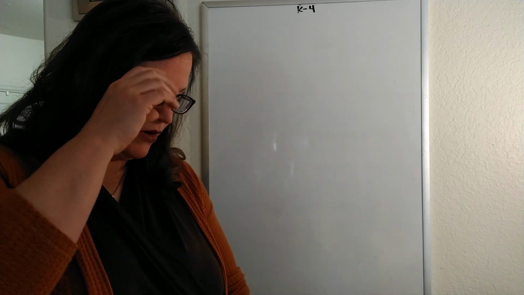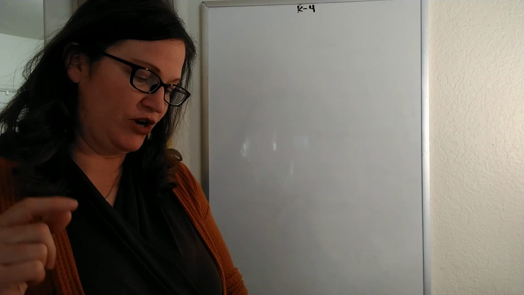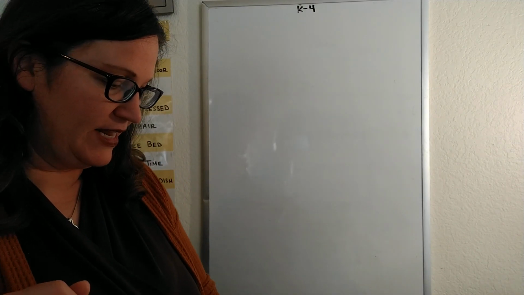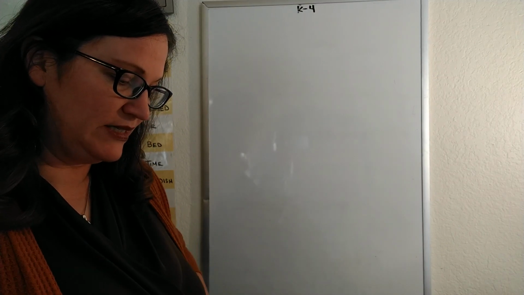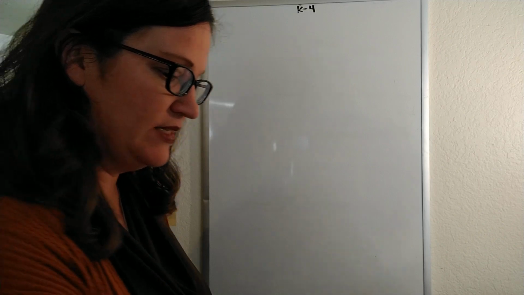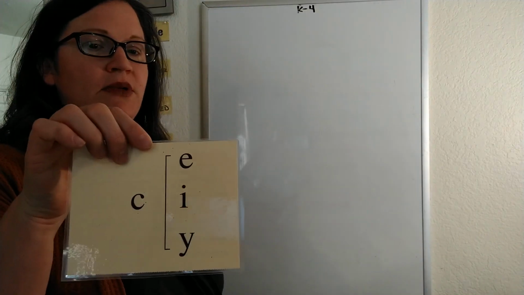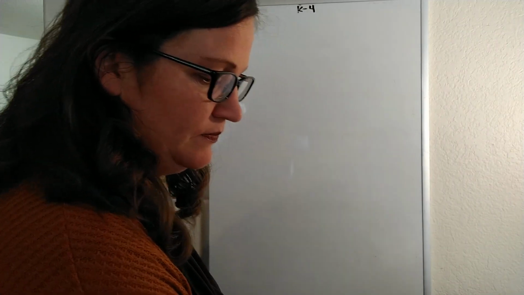The next word, a lot of times we say city, but remember we're going to try that Y stands in for I. City. This is my favorite city. It's so pretty. And remember, C can say S because of Y. Because C says S before E, I, and Y, right?